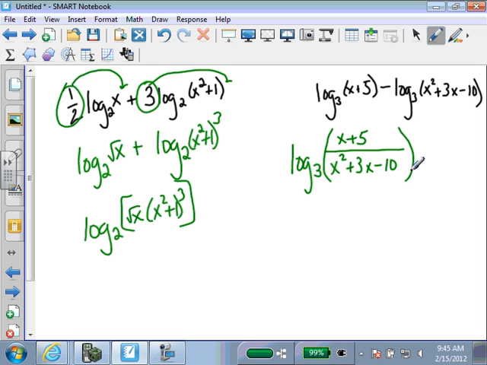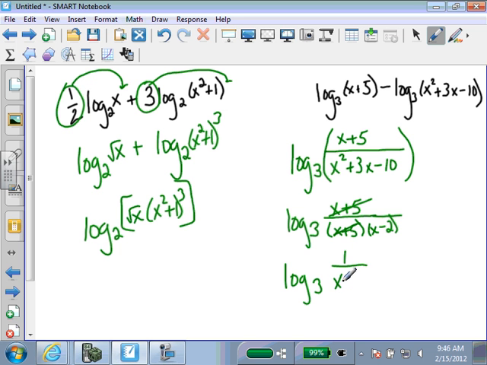And I'd love to be done, except now that I've got these together in a quotient, I can see that I might be able to do some simplifying. So log base 3 of x plus 5 over x plus 5 times x minus 2. And my x plus 5s are going to cancel. So I've got log base 3 of 1 over x minus 2.